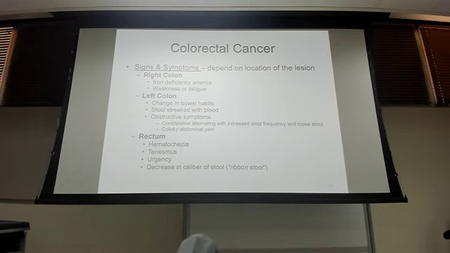Obstructive symptoms happen more on the left side, i.e. constipation, alternating with diarrhea or stool frequency, loose stool, and we get some crampy or colicky abdominal pain, those waves of cramps and pain, i.e.